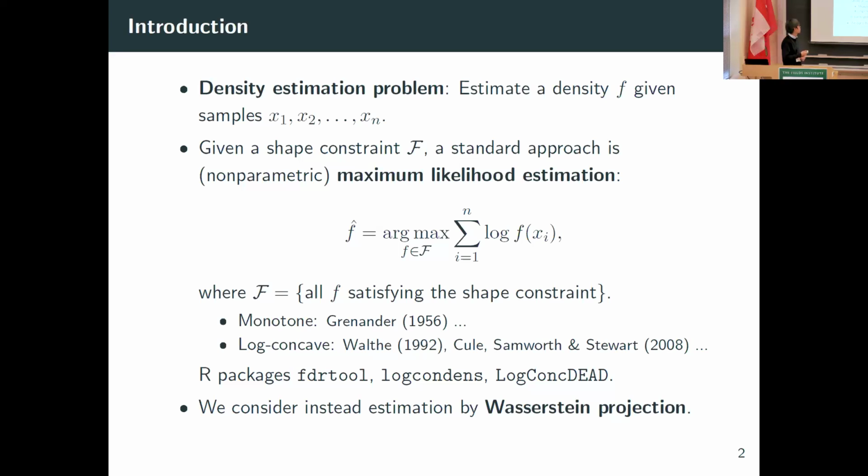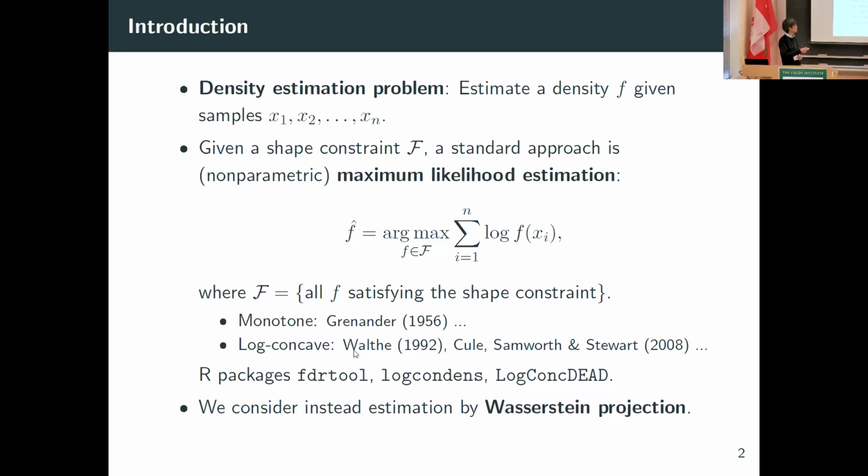The two examples that I will discuss in this talk are very classical when you consider maximum likelihood estimation. For the monotone case, I think the first paper is from the 50s by Grenander. The log-concave case may go back before the 90s, but I think the first explicit one is in this paper.